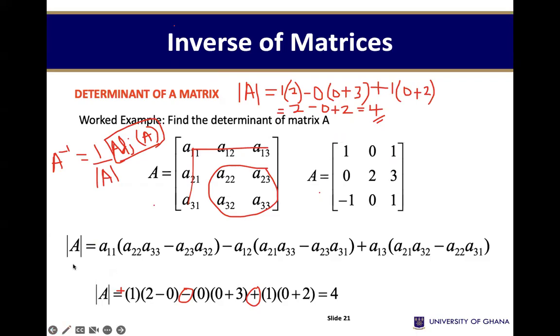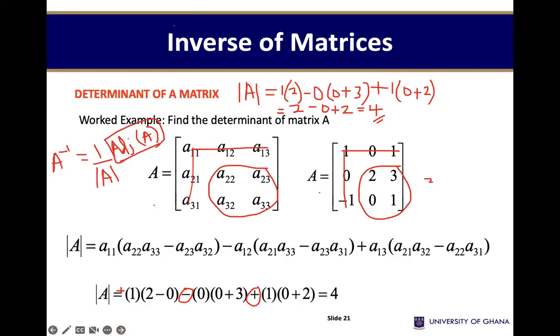And then now I cross like this. So I'm going to get a first minor. I'm going to have this. Then I find the determinants. 2 times 1 gives me 2. Minus 0 times 3, that'll give me 2. So the first minor should give me what? 2. There we go.